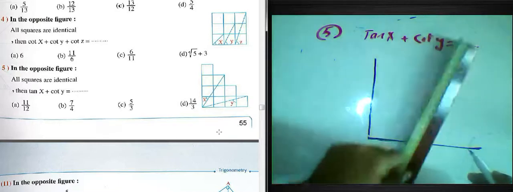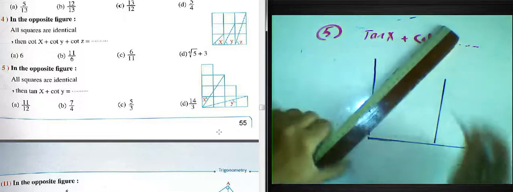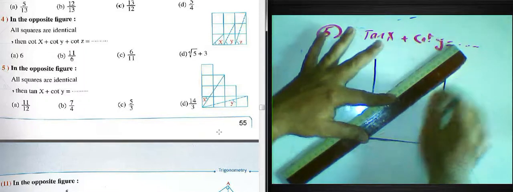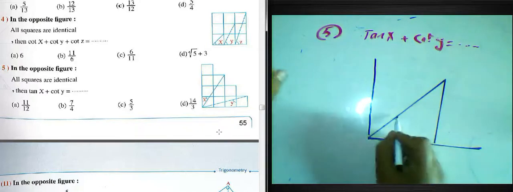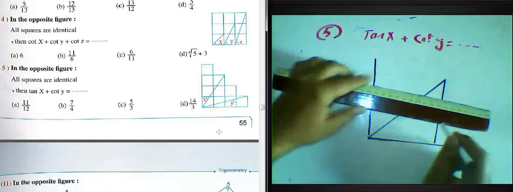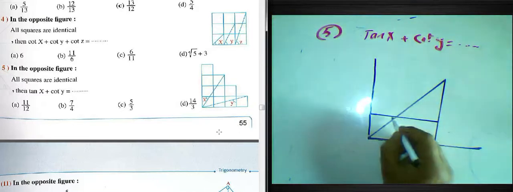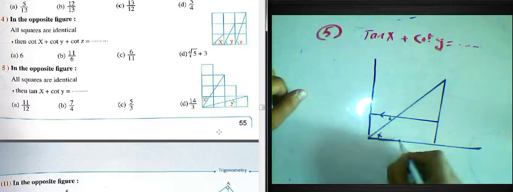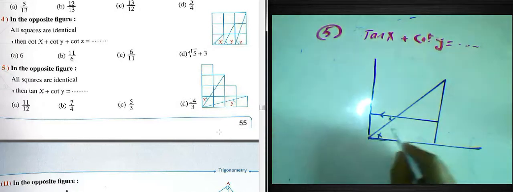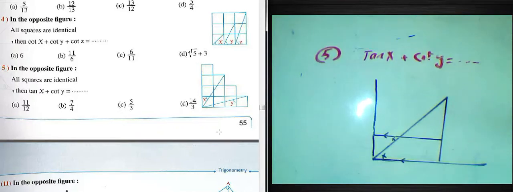We know x lies here in a right angle triangle. This angle x and this angle will be x, as we have alternate angles because we have two parallel sides.